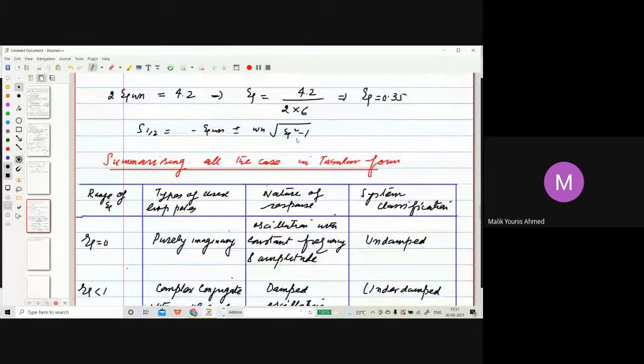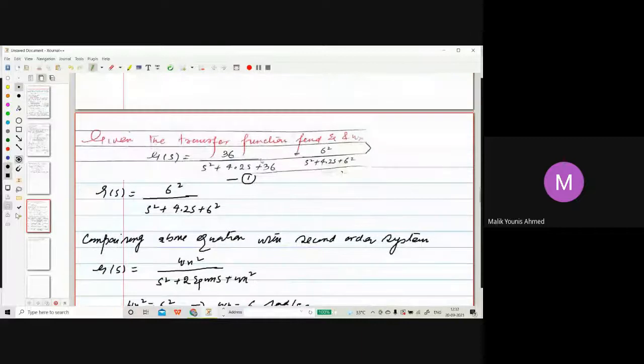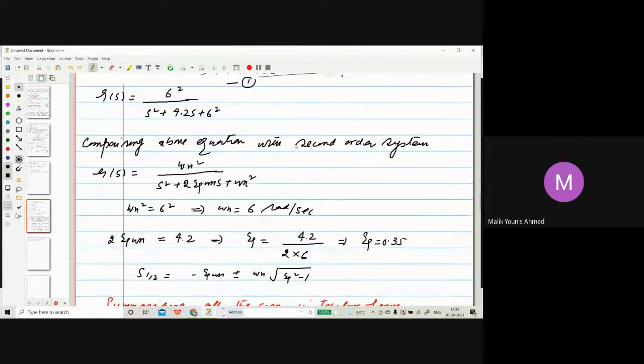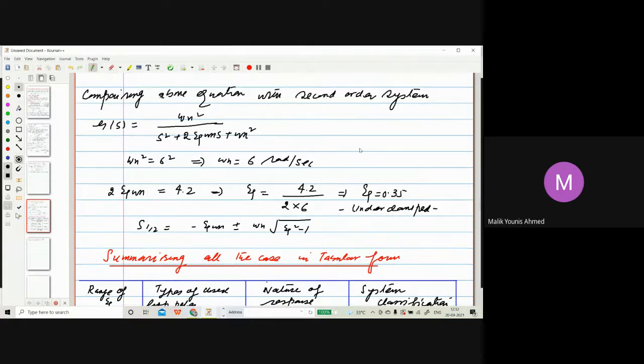So if the question would have been what will be the expected response for this transfer function, the xi we are getting is less than 1, so this is clearly an underdamped system, and the response type will be underdamped response.